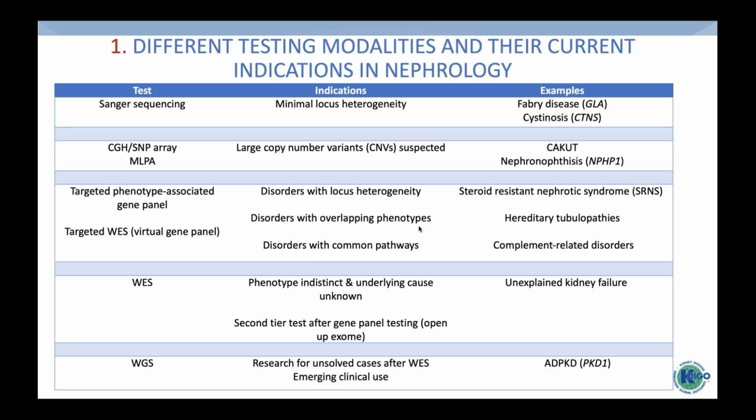At the moment, its role seems to be very much in cases which remain diagnostically unsolved, despite a strong phenotype, after perhaps whole exome sequencing, and the clinical use is still being explored. One well-established indication for whole genome sequencing is in autosomal dominant polycystic kidney disease, largely due to, obviously, homology with the PKD1 gene, which this approach is able to overcome.